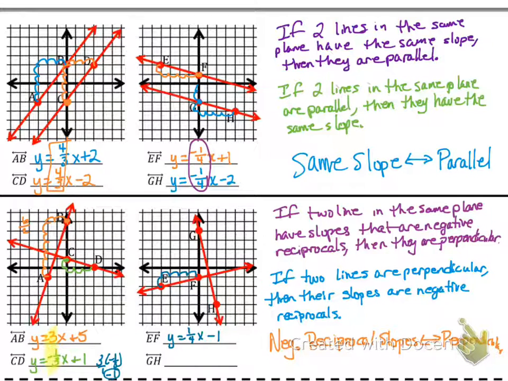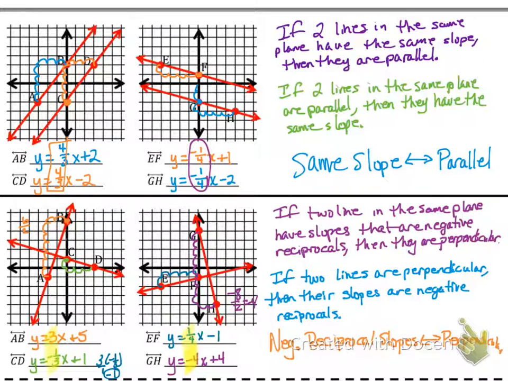While my line GH, I have a slope of going down 8 and to the right 2, so I have negative 8 over 2, which would be negative 4. So negative 4 times x, and I have a y-intercept of 4. So plus 4.